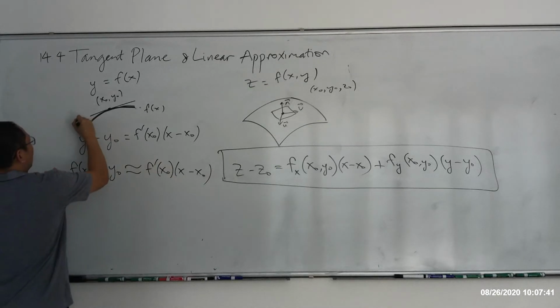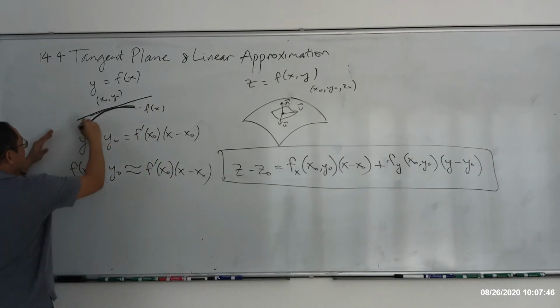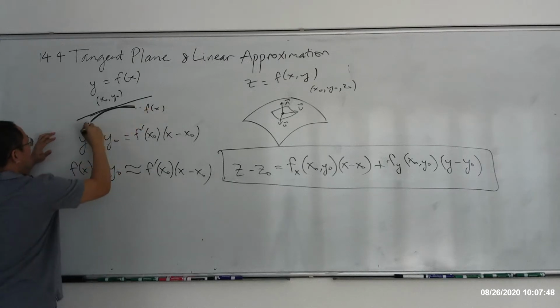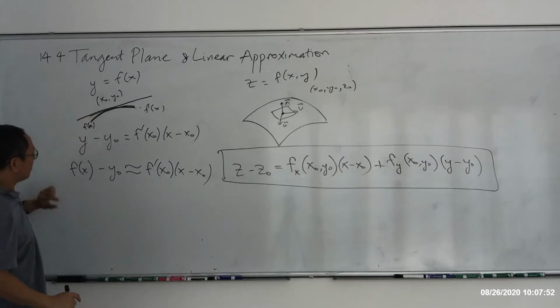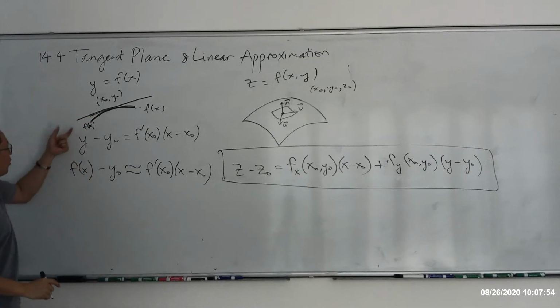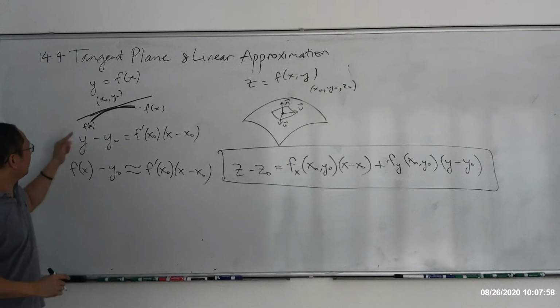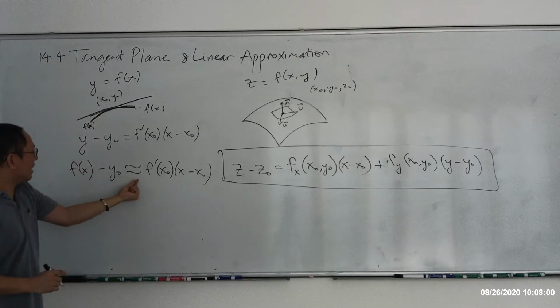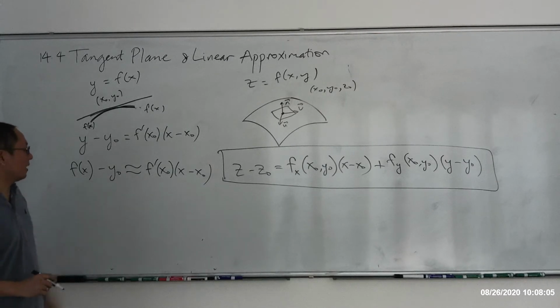Again, this is y, okay? This is the line. But this is f of x right here. Oh, I wrote right here, f of x. So it's not the same as the line, but the error is small. If I replace y, which is the value on the line, by the value of the function, it's not the same anymore. That's why I use this two wiggling sign right here. It means approximately.